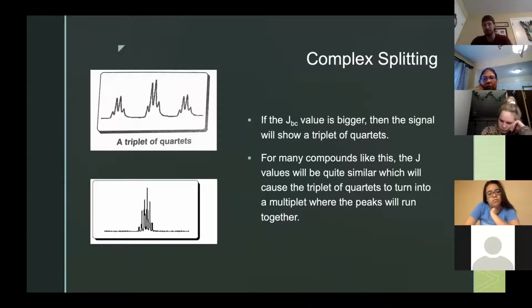Most of the time, on our NMR spectrum, it'll be so bunched together that we'll see a multiplet. We probably won't see 3 distinct peaks, but something more like this, where it's all bunched together because it's so compact on the paper.